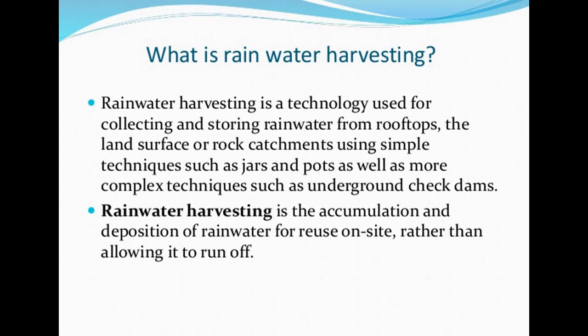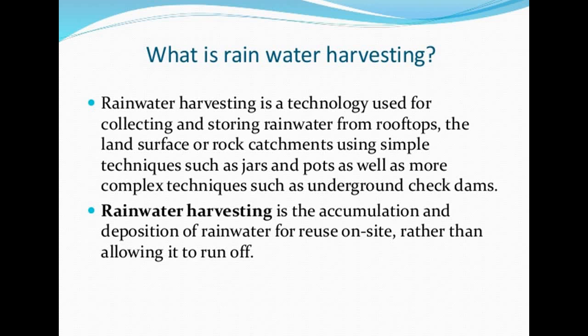Storing and collecting this rainwater helps us at times when there is drought or shortage of water, and you can reuse that water again. If you are using it for washing your vegetables, you can also give that water to your plants. So it is not a waste, you are reusing that water again and again. This is all about rainwater harvesting.